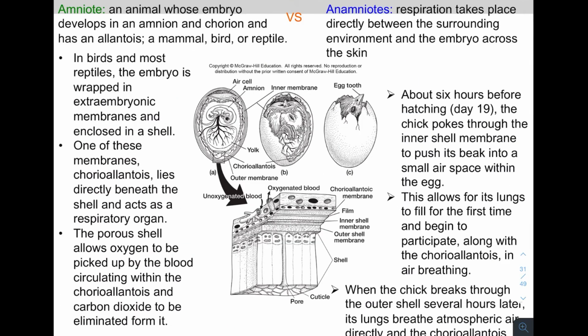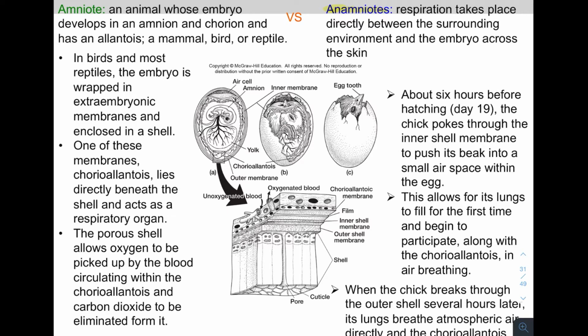Here we want to look at the respiration that takes place inside eggs. And let's review what an amniote is versus an anamniote. So an anamniote is a type of animal that doesn't develop in amniotic fluid.